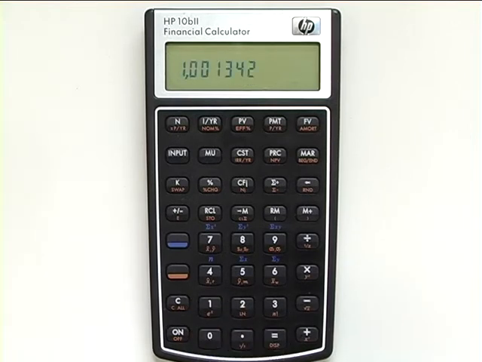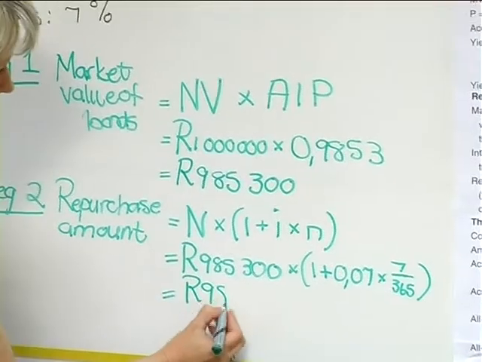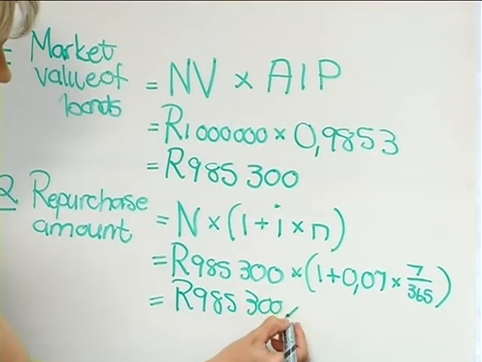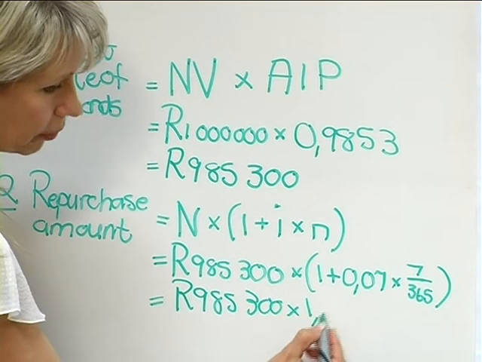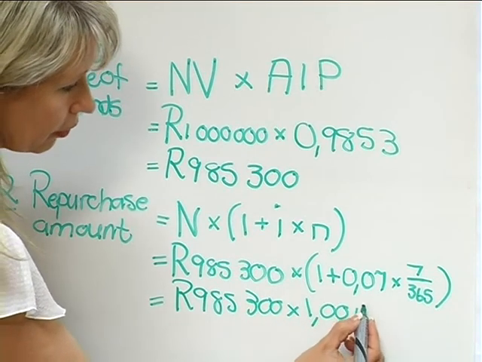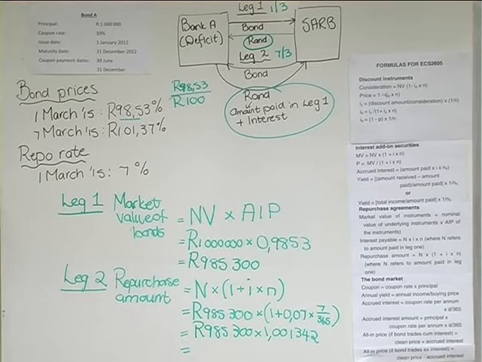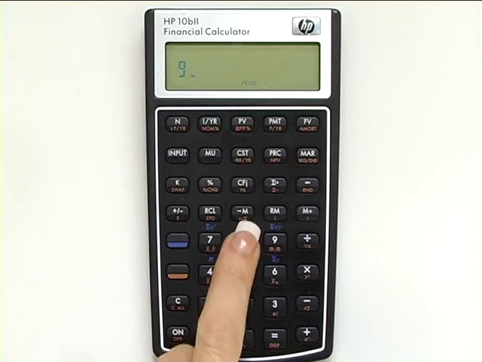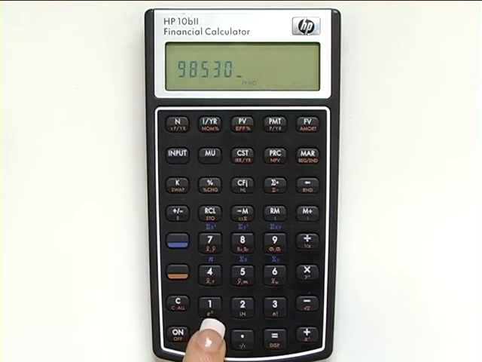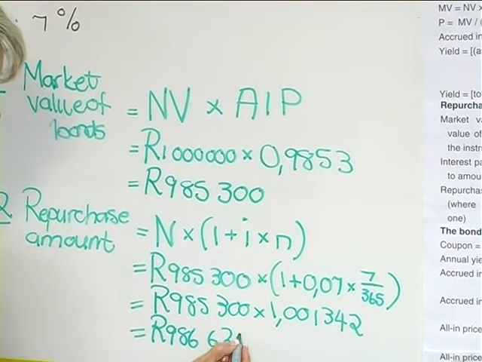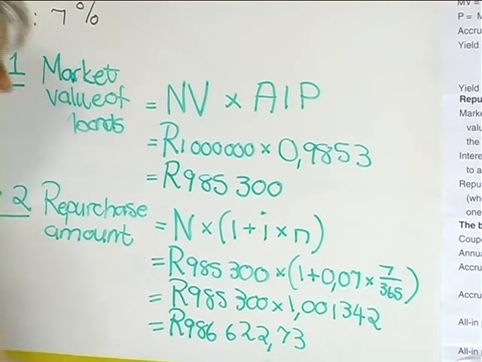So in brackets it's going to be 1.001342. So we multiply that by the price that was paid in the first leg, 985,300, and that gives you 986,622 Rand and 73 cents.